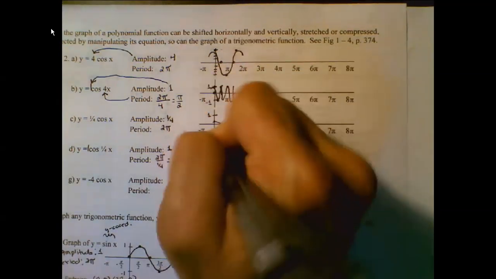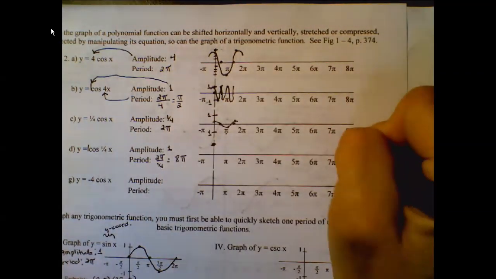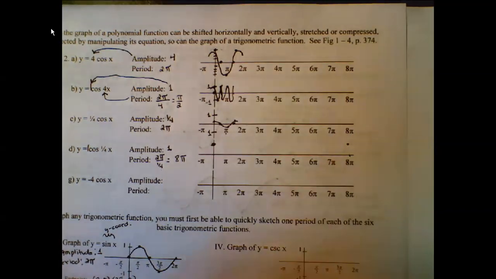I'm going to make at its endpoints, y is going to be 1. What's it going to be at its midpoint? -1. And where is the midpoint? 4 pi. Yeah.